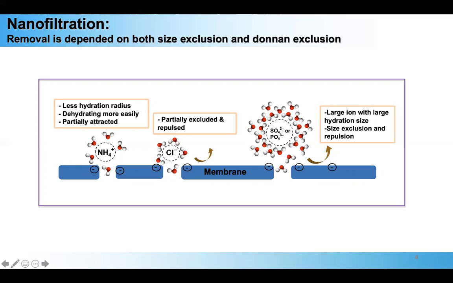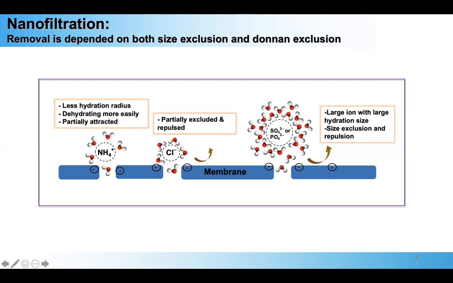Also, if the pore size is small, it will exclude the ions by size. Most nanofiltration membranes are negatively charged, so their surface can repel most of the anions.